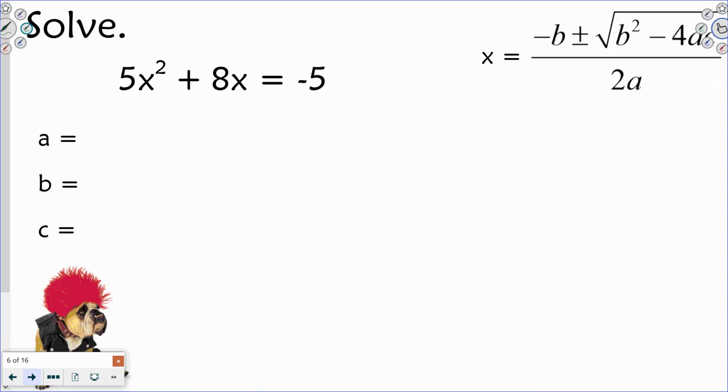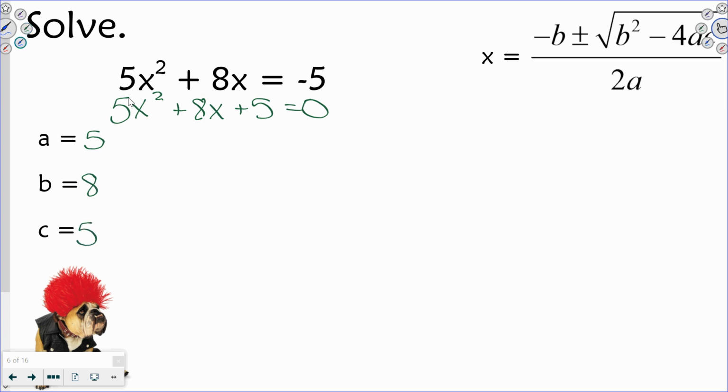All right, 5x squared plus 8x equals negative 5. So we need to first set it equal to 0. So 5x squared plus 8x plus 5 equals 0. Moving that over. What's your A? Your B? Your C? All right.